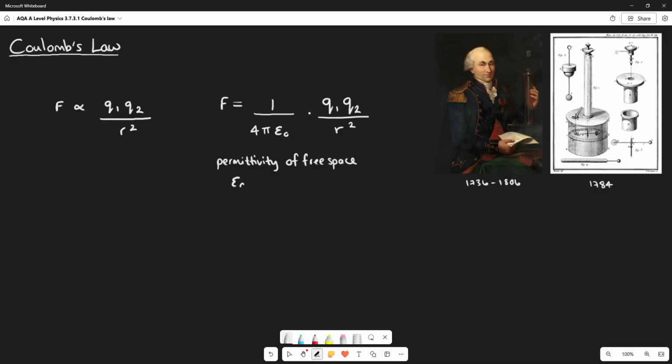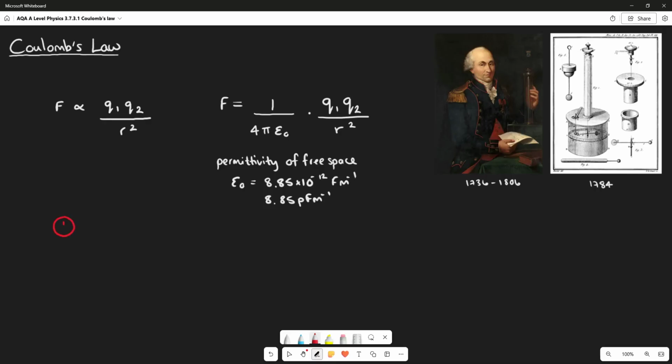It has the value sometimes written as this. The permittivity of free space and the permittivity of air are very, very similar. So if you're doing this experiment and the material between the charges is air, it's okay to use that value.